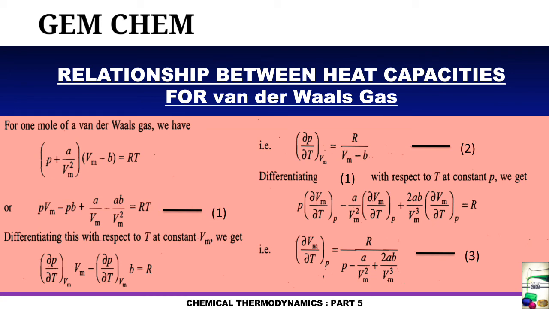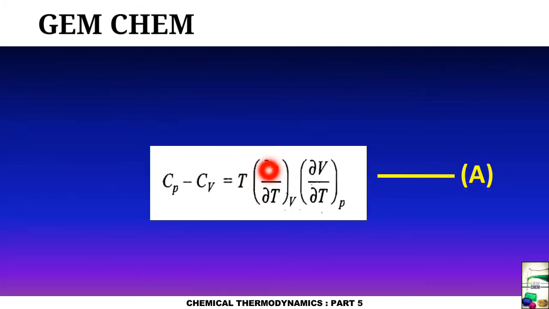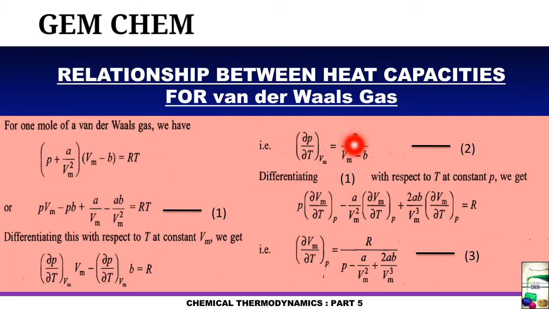We differentiate this equation with respect to temperature to obtain delta P by delta T at constant Vm multiplied by Vm minus delta P by delta T at constant Vm multiplied by b equals R. And the ultimate expression for delta P by delta T comes to be R by Vm minus b.